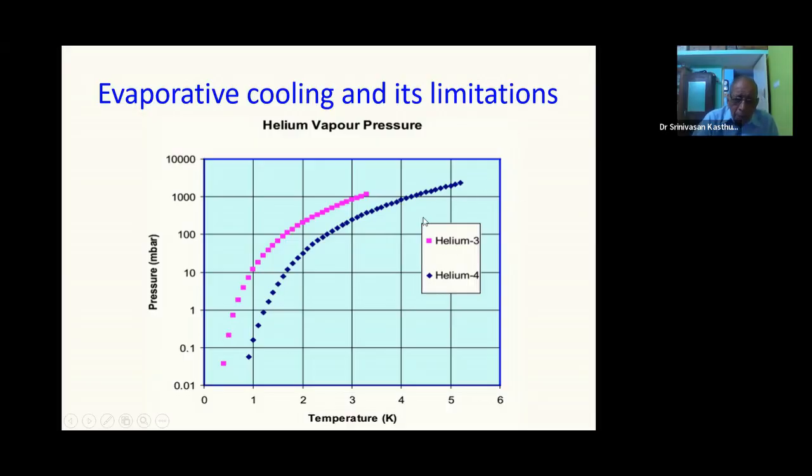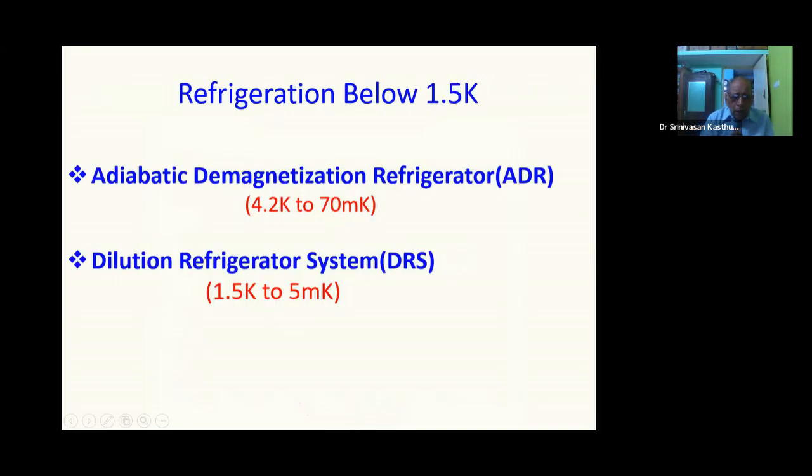Because the vapor pressure drops exponentially, you will not be able to reach much lower temperatures, since the vapor pressure decreases very rapidly. Okay. So what is the procedure to reach temperatures below about 1.5 K?